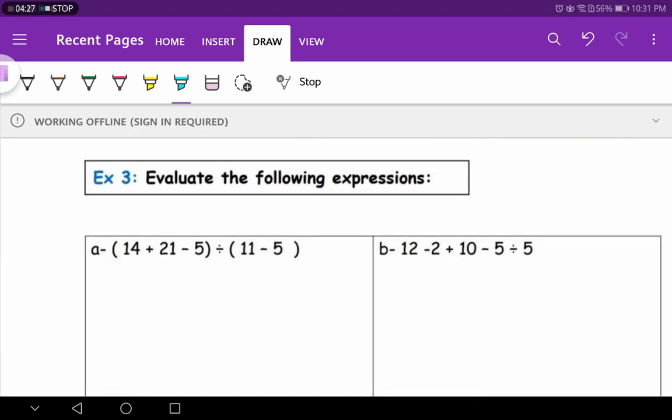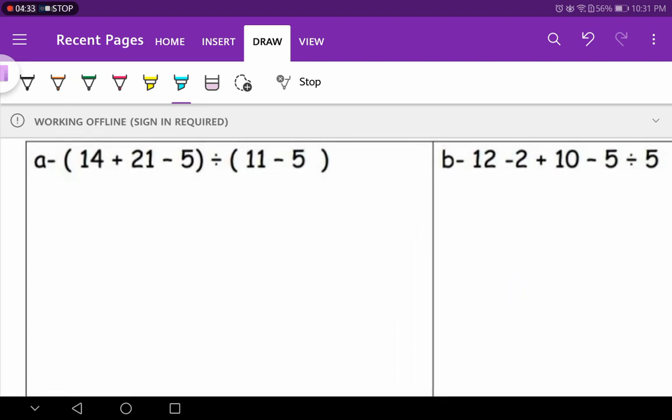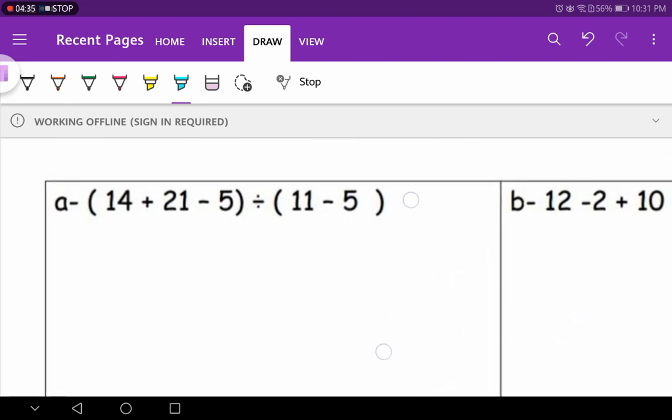Now here he asked me to evaluate the following expression. Actually, we have to know the rule to execute this statement, and you have to know the order of operations. You have to know multiply and divide.